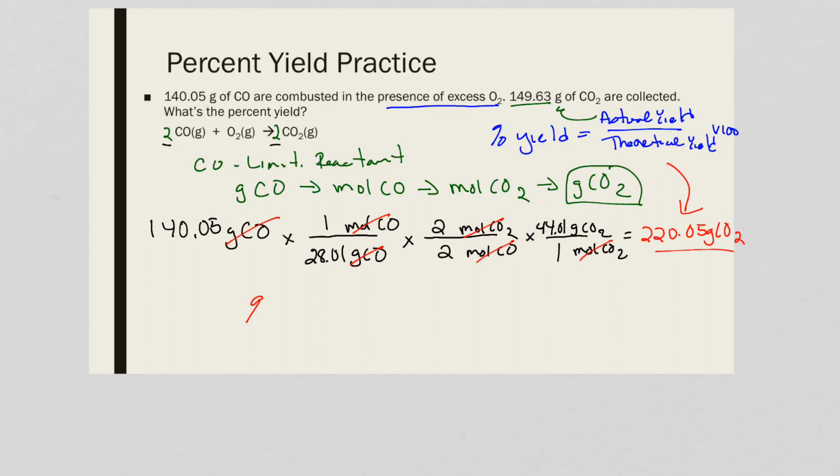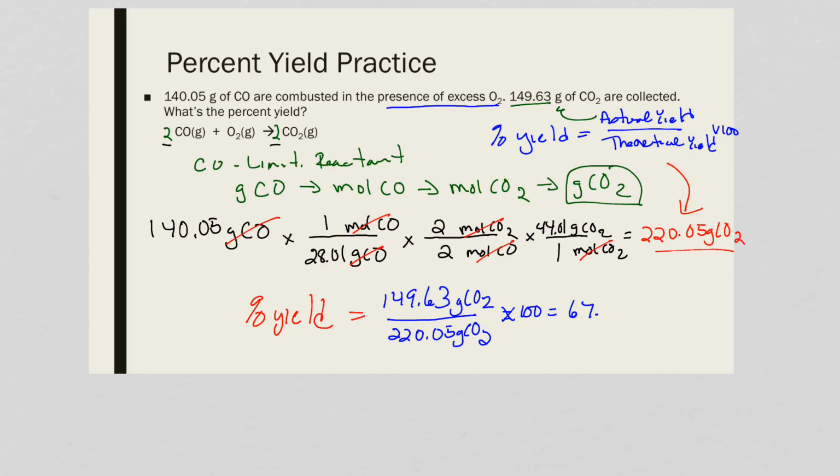Okay, so now we have the theoretical yield part here. So we can do our percent yield. We take our actual, right, that's the 149.63 grams of CO2 divided by 220.05 grams of CO2, times 100 equals 67.998%.